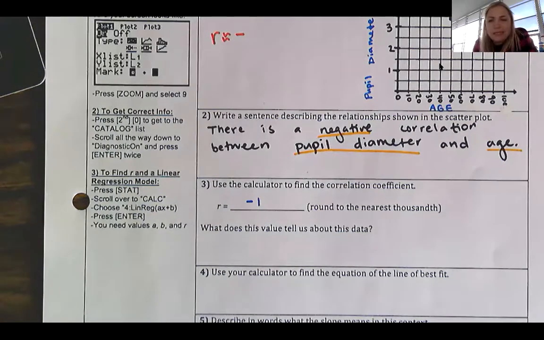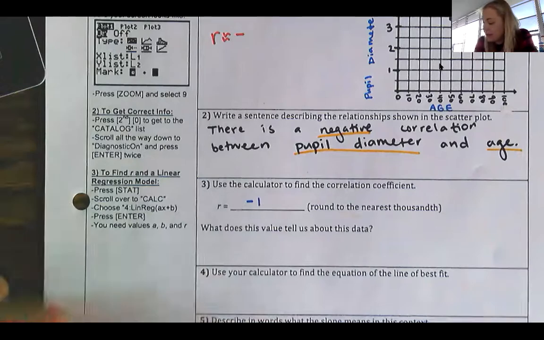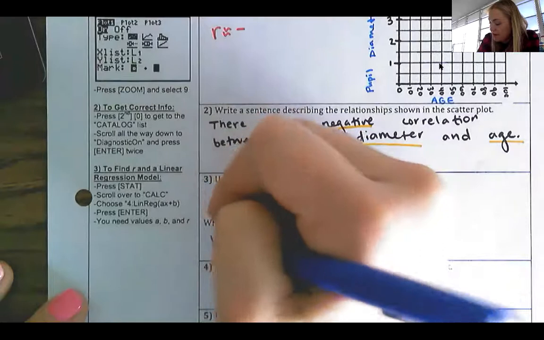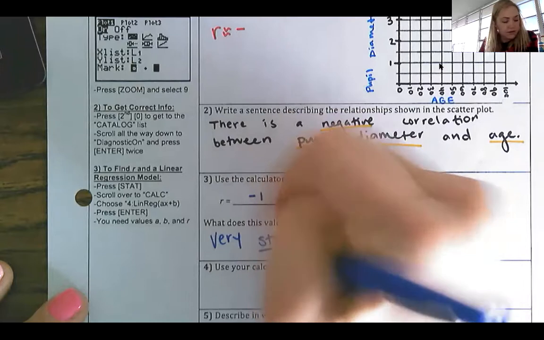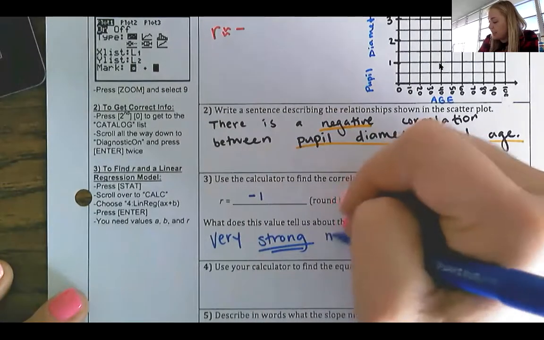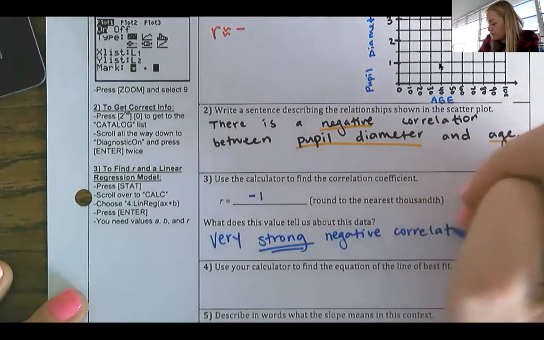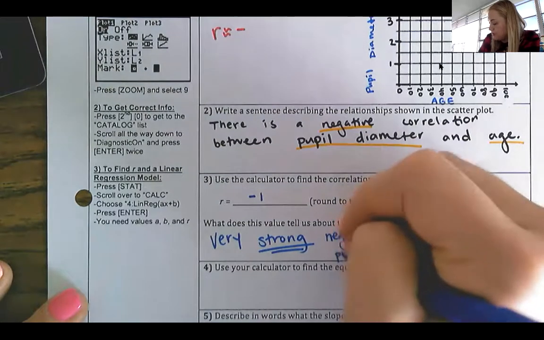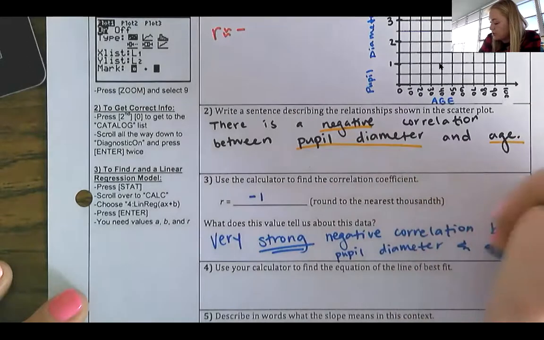Well, remember back to when we said strong, moderate, or weak? Well, this is super strong, like very, very, very strong because it is the strongest possible negative correlation. So we would say very, and I'm going to underline the word strong, very strong negative correlation between pupil diameter and age.